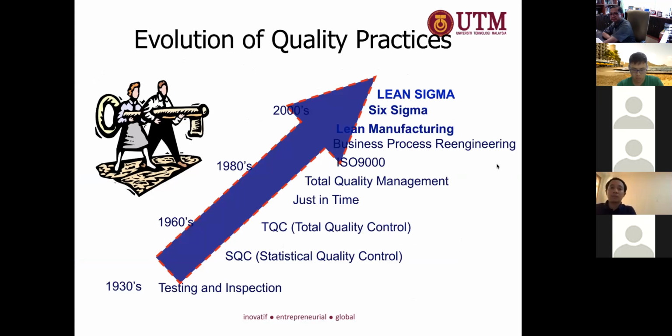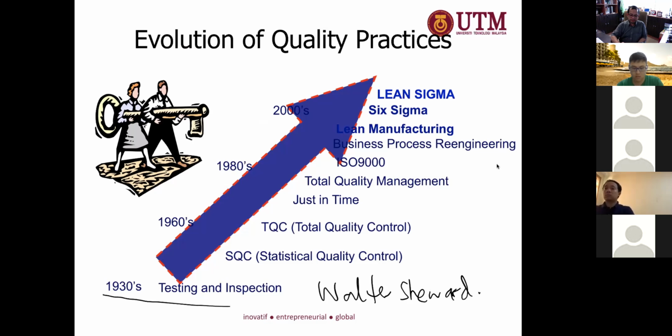And this is the evolution of quality practice. In the 1930s, as we know, Walter Shewhart and also Dr. Deming, their quality in those days was only on testing and inspection. Test, inspect, test, inspect.